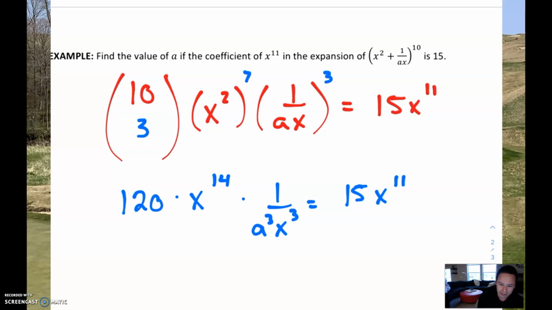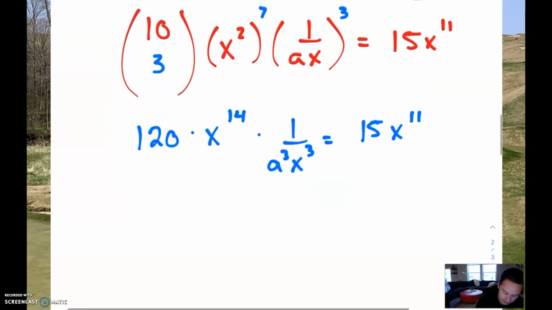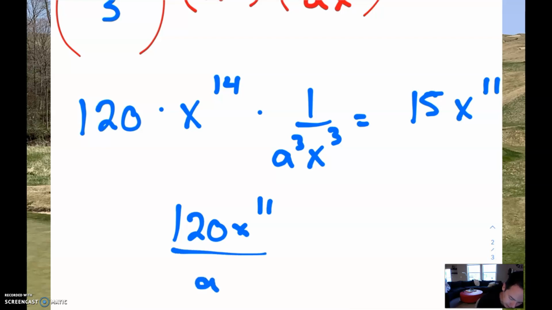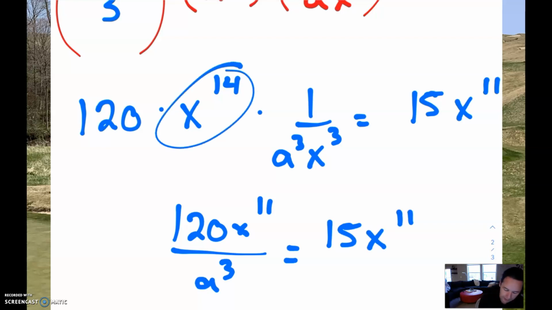So we're going to simplify this a little bit. X to the 14th on top, x to the 3rd on the bottom. We can write this as 120 x to the 11th over a to the 3rd. So that x to the 14th, x to the 3rd just combine to become x to the 11th.